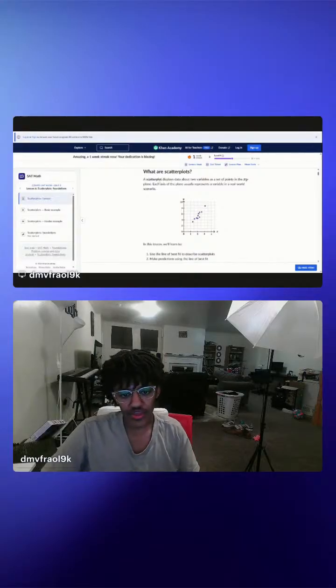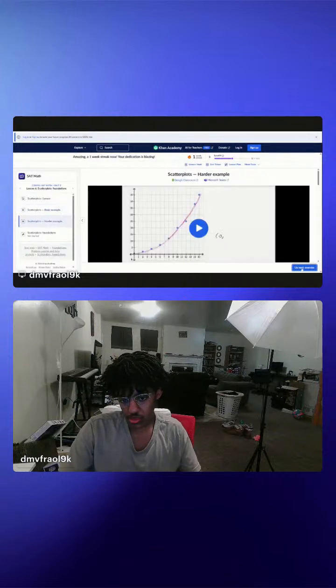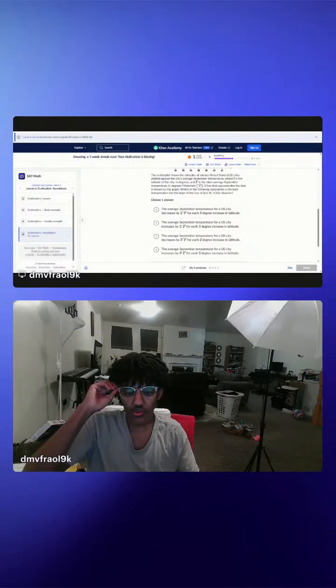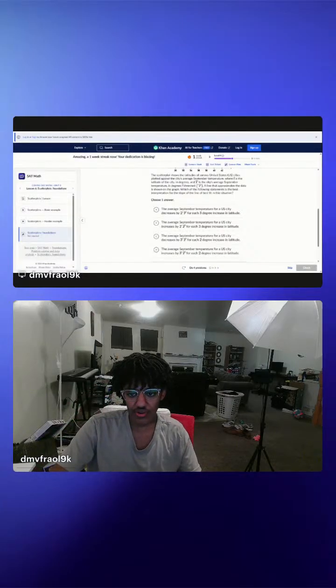Okay, a scatter plot describing the data. The scatter plot shows the latitude of various U.S. cities plotted against the city's average September temperature, where L is the latitude of the city in degrees and T is the city's average September temperature in degrees Fahrenheit. A line that approximates the data is shown on the graph.